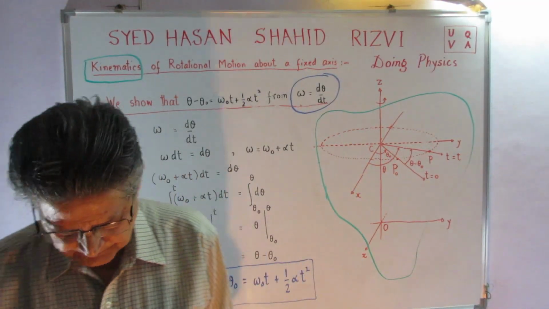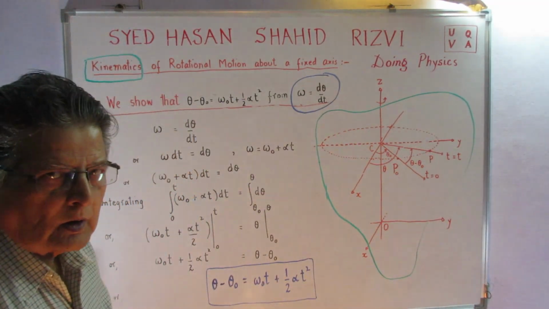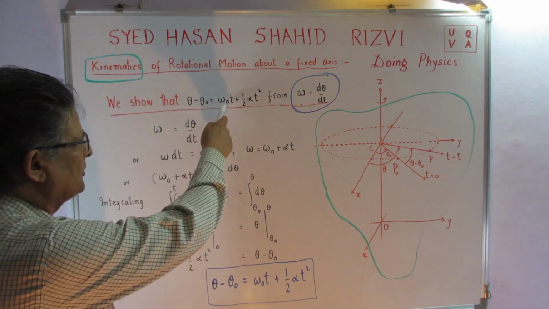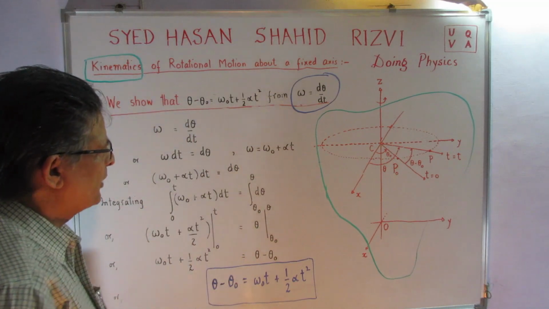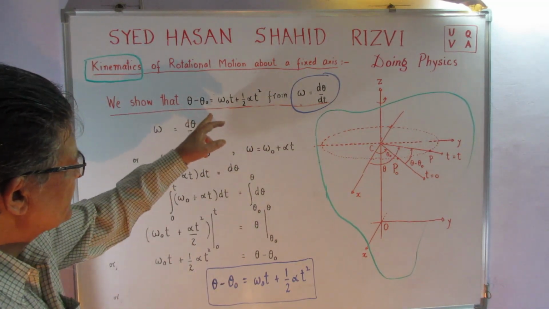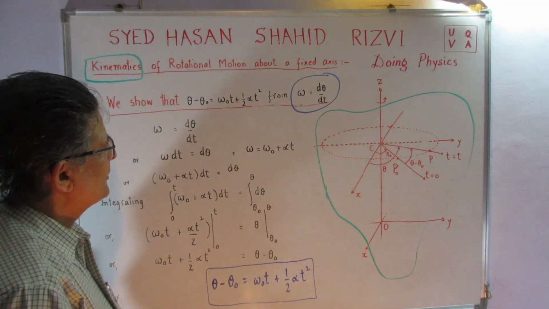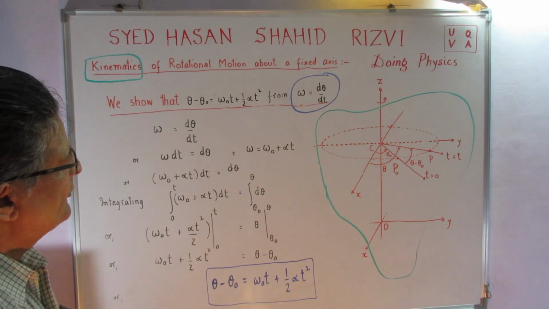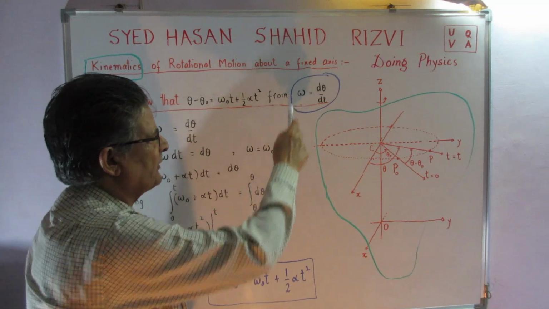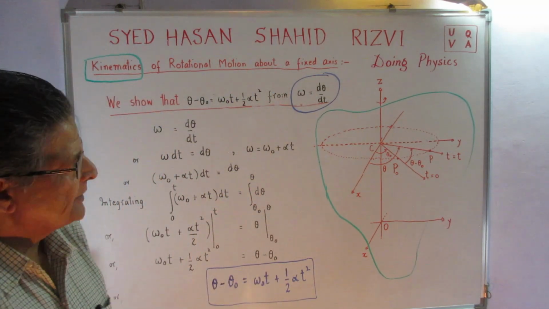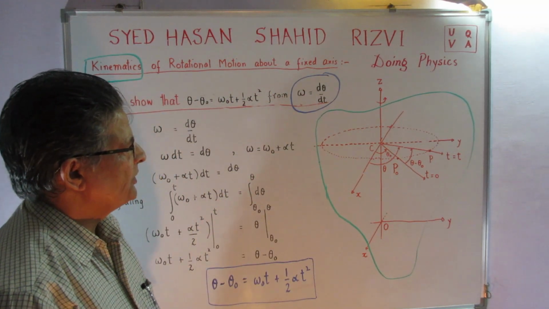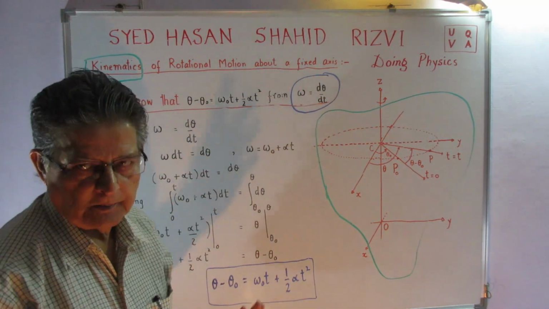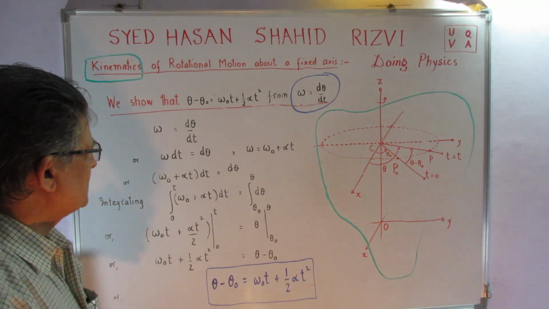So again, the second equation, theta minus theta naught is equal to omega naught t plus half alpha t square, or x minus x naught is equal to v0 t plus half at square, from the basic definition of omega, that is omega is equal to d theta over dt, or v is equal to dx over dt in translatory motion.